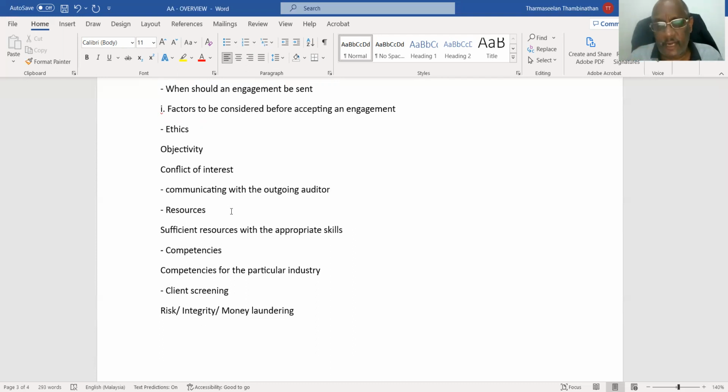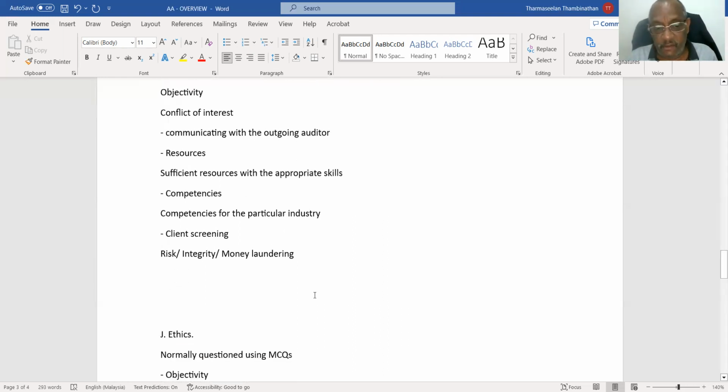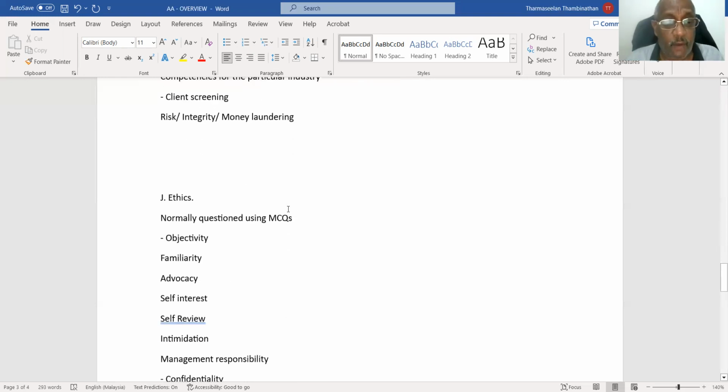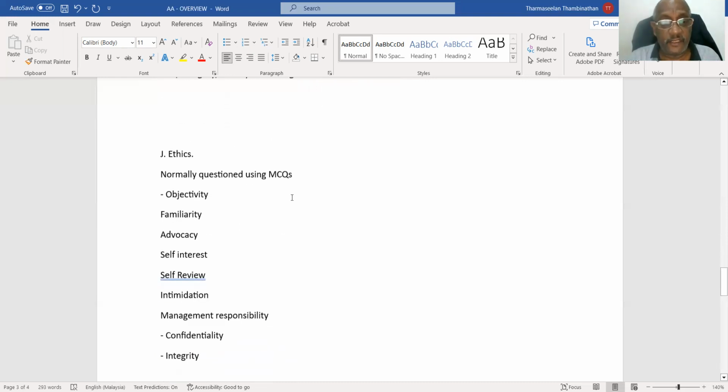With all the scandals going on, definitely a current issue. And of course, your client screening, making sure you take on the appropriate client. Again, not much has appeared in this area, but it's part of your syllabus. Cover it for safety reasons.